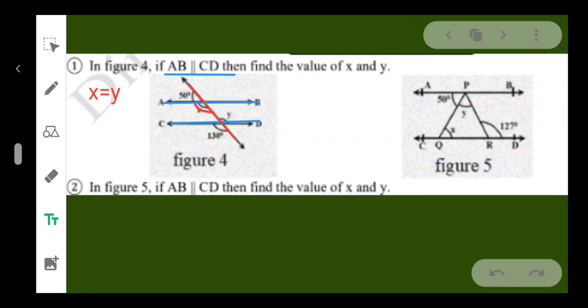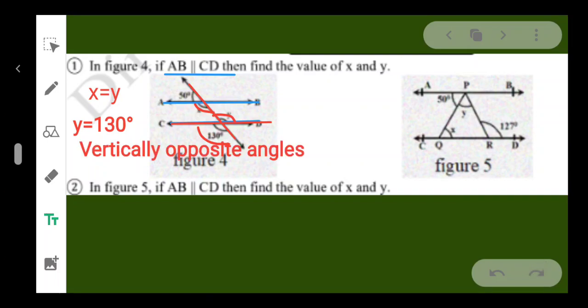Therefore, Y must be equal to 130. And X is equal to Y. Therefore, X is also 130. The reason is vertically opposite angle for Y is equal to 130 and the reason behind X is equal to Y is alternate interior angles. So, therefore, X must be equal to 130 degrees.